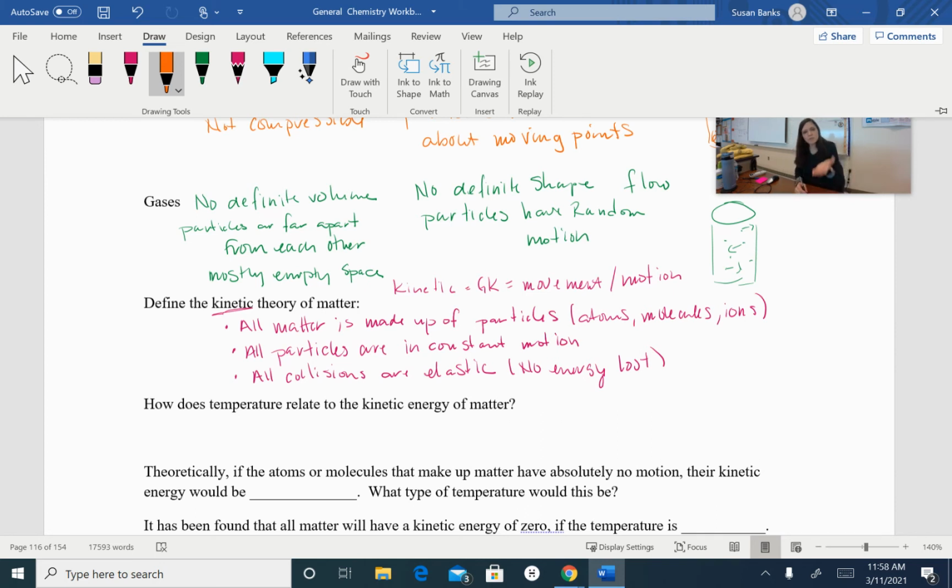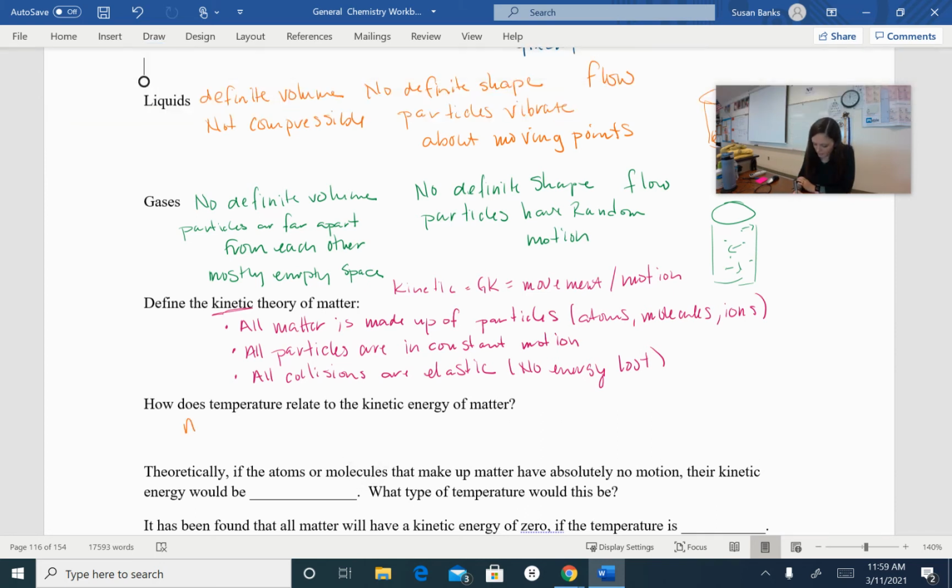So as temperature is increased or raised, the energy of the molecule is also raised.